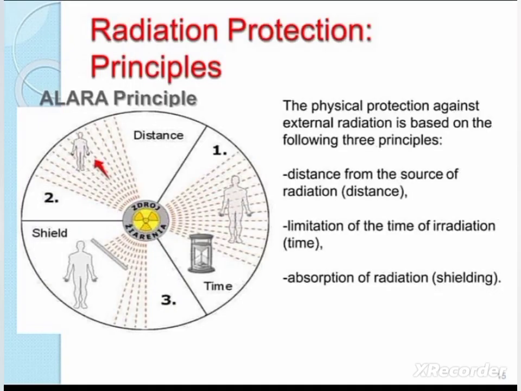Radiation protection principle. The physical protection against external radiation is based on the following three principles: distance, time, and shielding. This principle is known as the ALARA principle. The first is distance from the source of radiation.